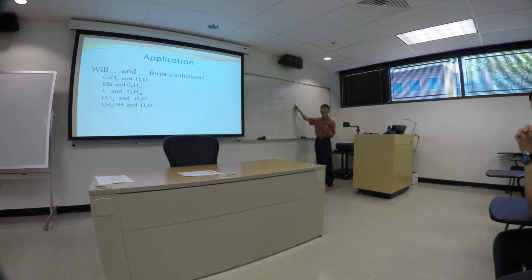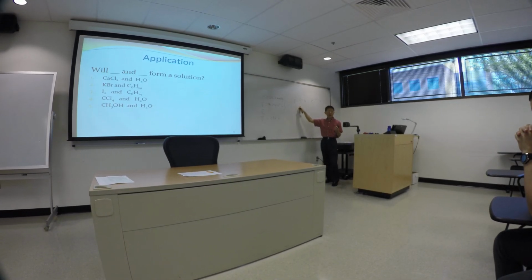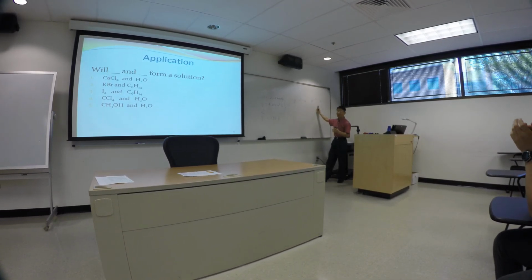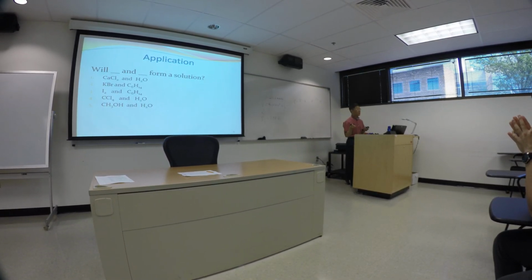As you increase the number of carbons on the R group, you are increasing the non-polar component of that compound. If the non-polar component becomes dominant, then this entire molecule will not be able to mix with water. So only low molecular weight alcohol can dissolve in water.